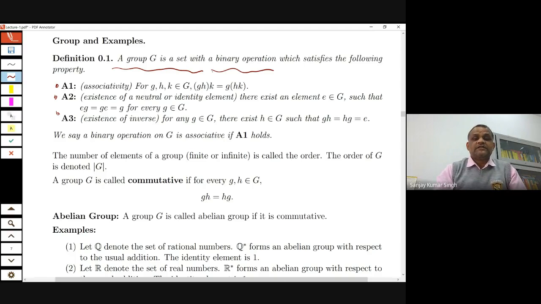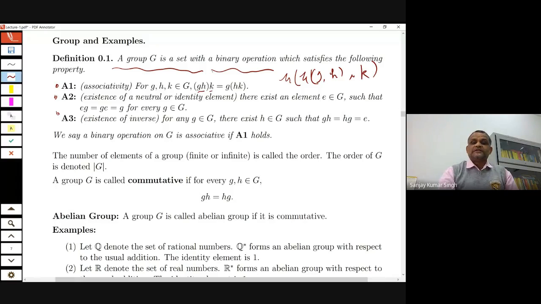First is called associativity. If I multiply G and H and then multiply with K, so basically it is mu of G H K. And what is GH again? GH is by definition mu of G H, and again I'm going to write this.